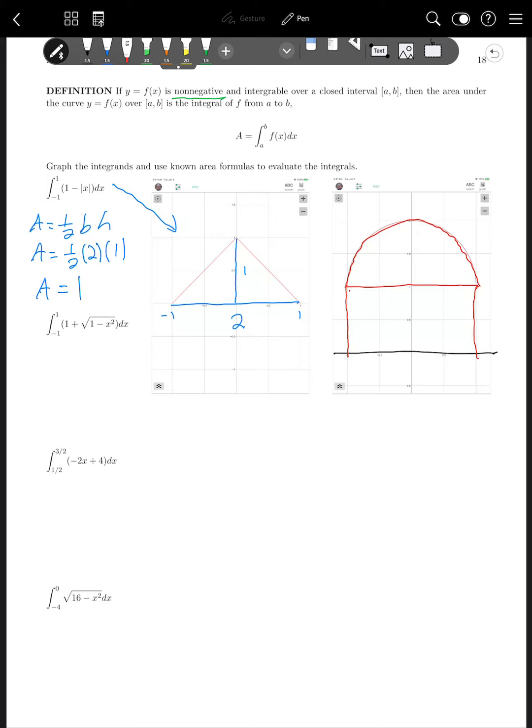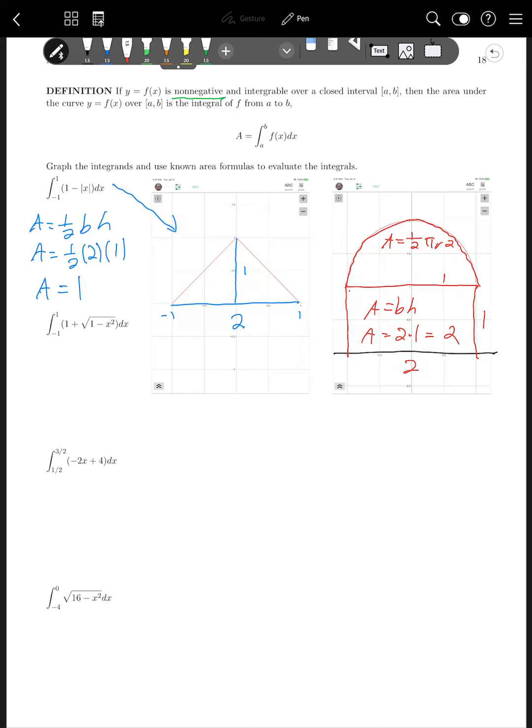So the base here is 2, right? So for this one, this is 2 by 1. So that area, base times height, is just 2 times 1, which is 2. And then the area of the top has a radius of 1, and the area of a semicircle would be 1/2 pi r squared.